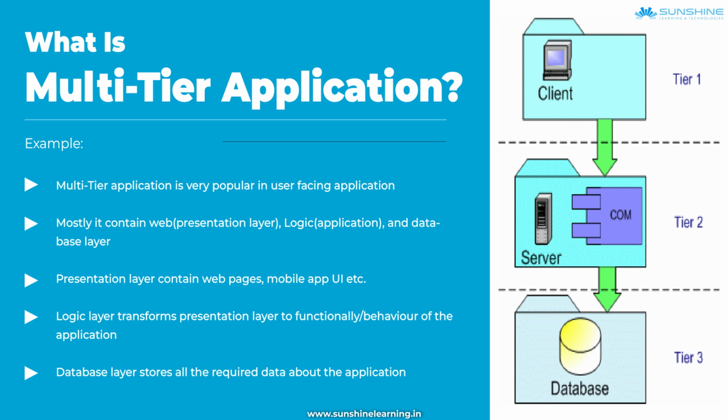This is a 3-tier architecture. The presentation layer contains web pages, for example, the website, the front end, which is going to get the traffic from the internet. The logical layer transforms the presentation layer to functionality, the behavior of the application. And the database layer stores all the required data about that particular application. This is a standard 3-tier architecture.